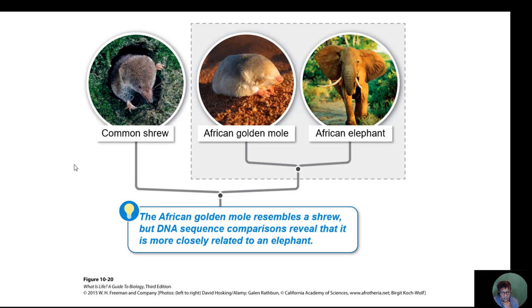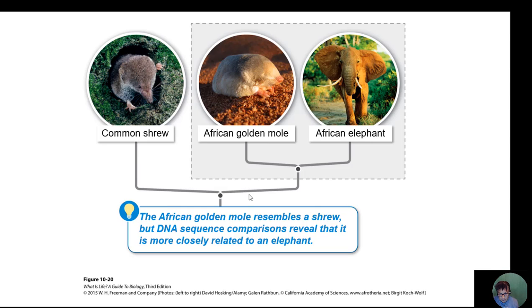So here's what's really interesting. When we take a look at these organisms, here we have the common shrew, we have the African golden mole, and we have the African elephant. Now, if we were to compare them based on morphology, what they look like, you would think that the common shrew and the African golden mole would be more similar, right?